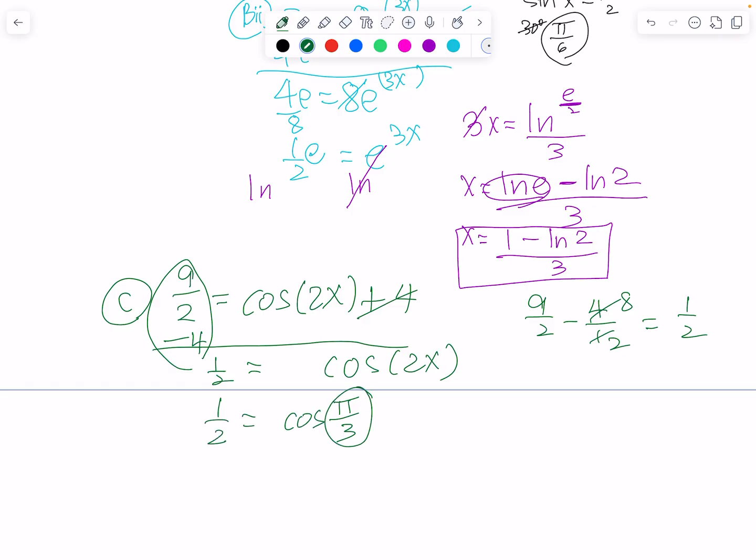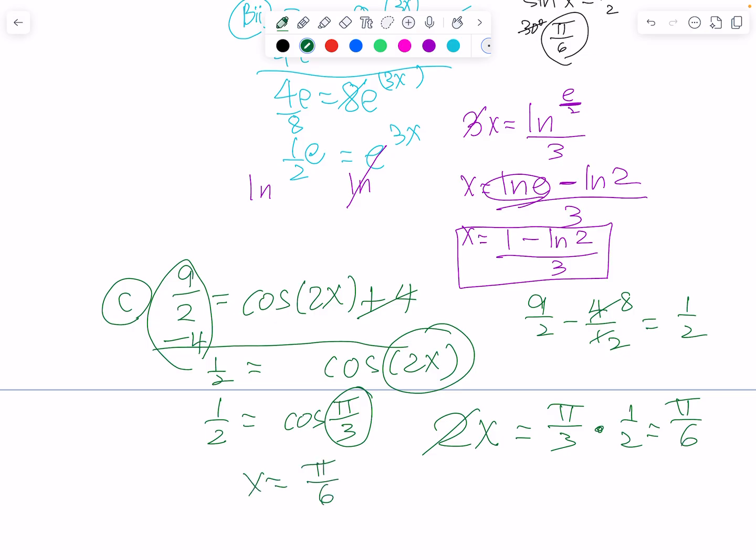But right now, we have that 2x, and so 2x is pi over 3. You divide both sides by 2, which really means multiply by a half, and so we got pi over 6. So x is pi over 6. But keep in mind when it says all input values, then that means you're going to have any integer n times pi. So that's all possibilities for that part.